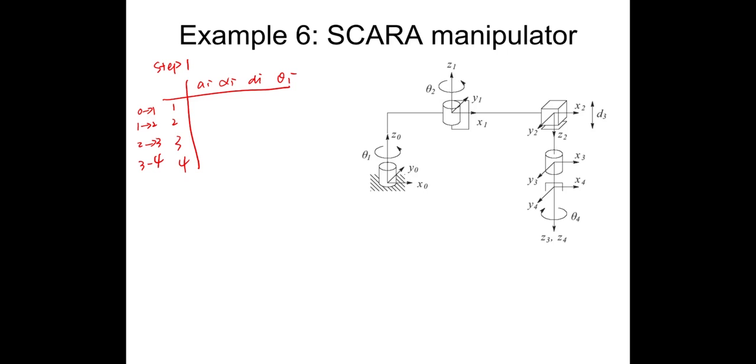From what we have talked about in the previous examples, I believe you can quickly find out these 4 parameters for each step. Then step 2: because there are 4 joints, we have A1 all the way to A4, and then we can quickly find out T4 with respect to 0. So this is our homework question.